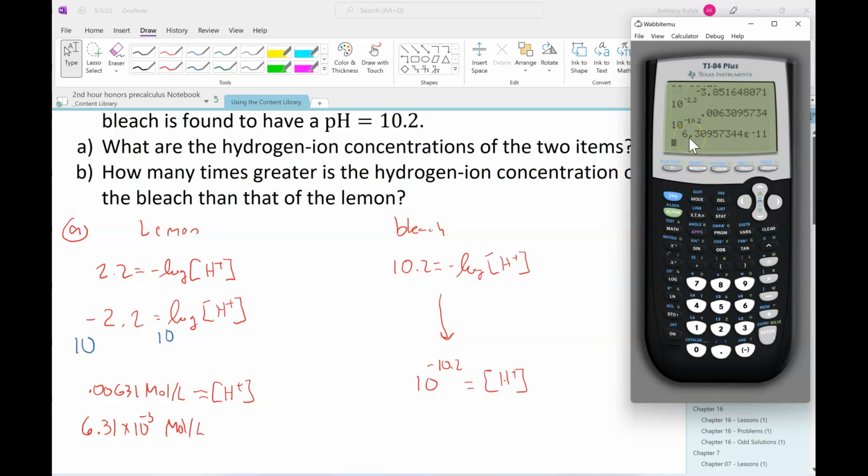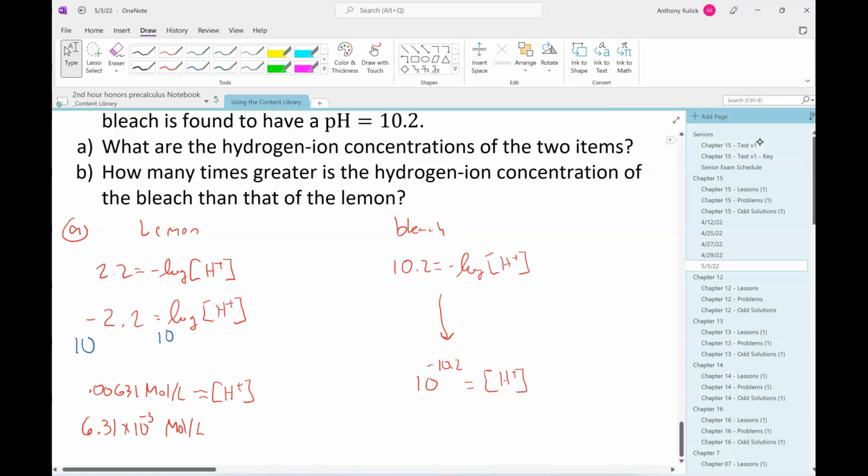So there I get 6.31 times 10 to the -11. Everybody happy with part A? Okay.